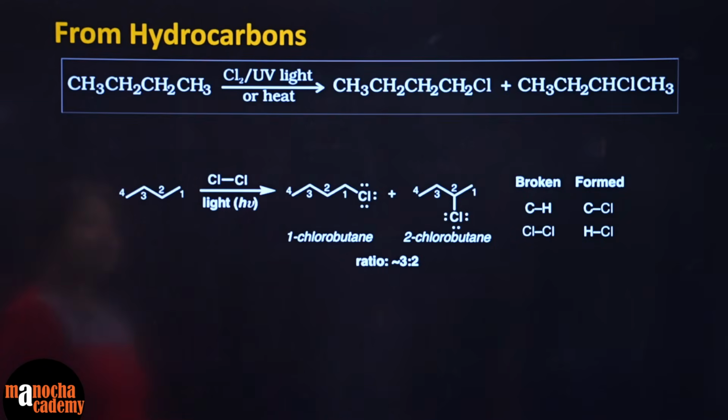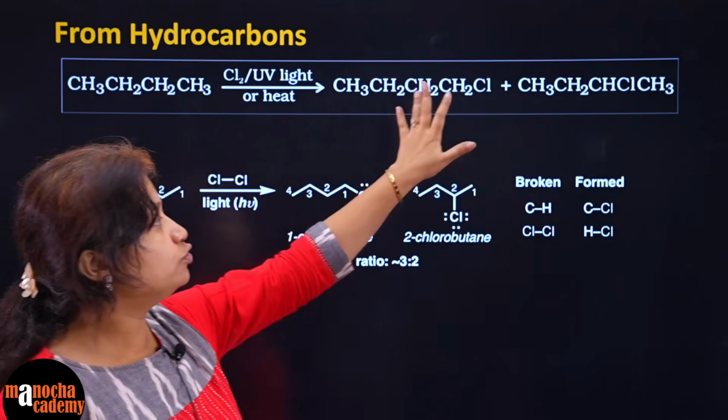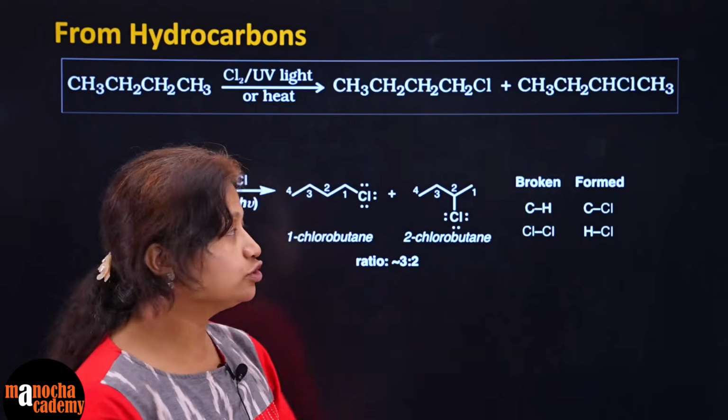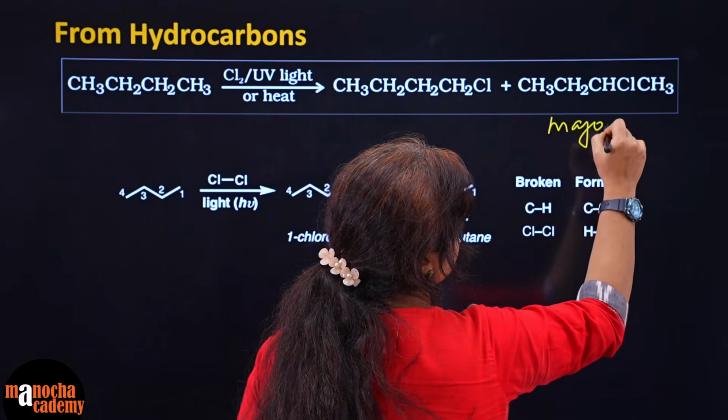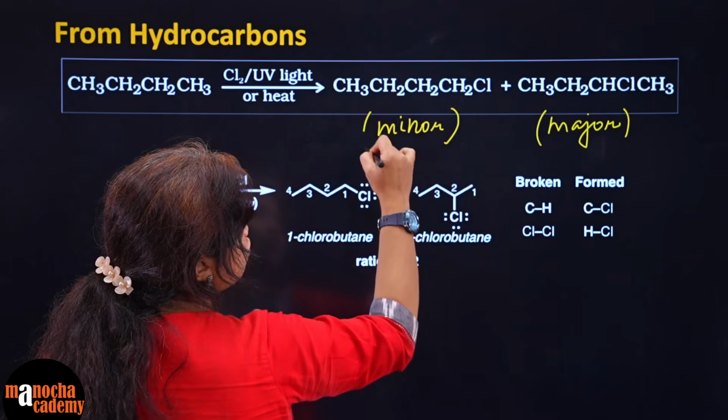Okay. Now, next you see, when you are using butane, you are getting a mixture of two products, 1-chlorobutane and 2-chlorobutane, of which this is major and this is minor. And the question is why?